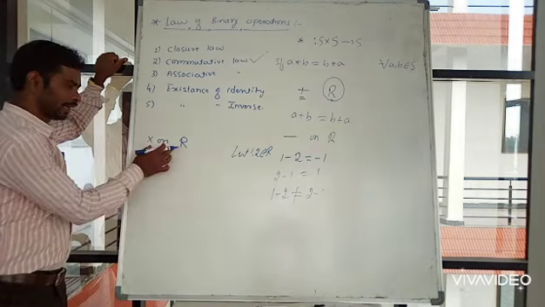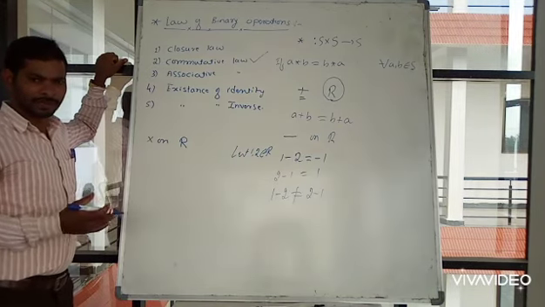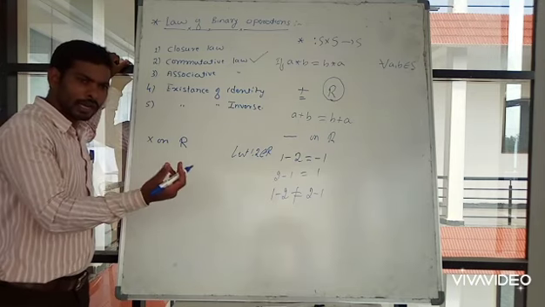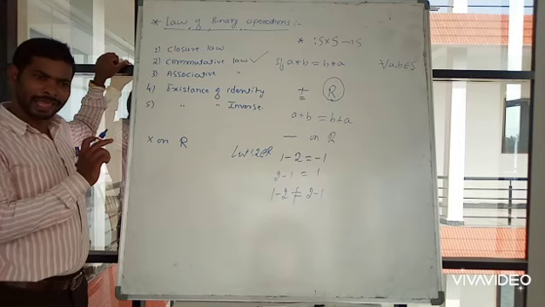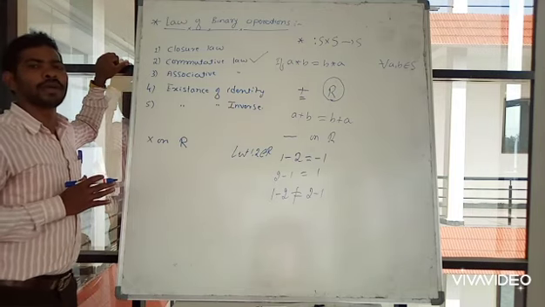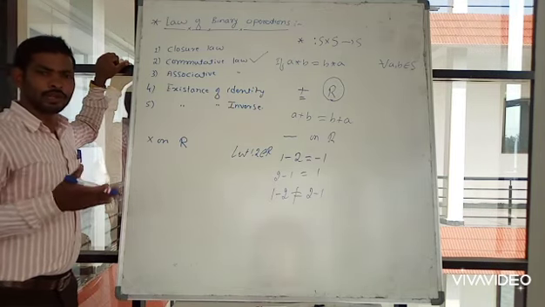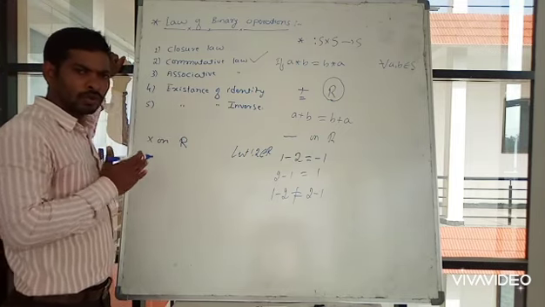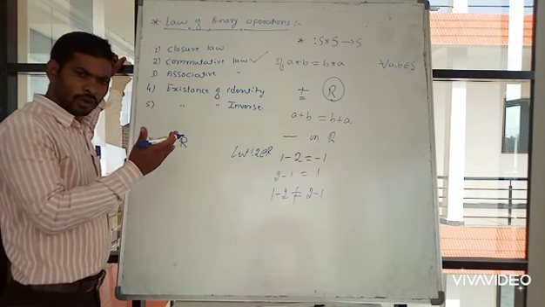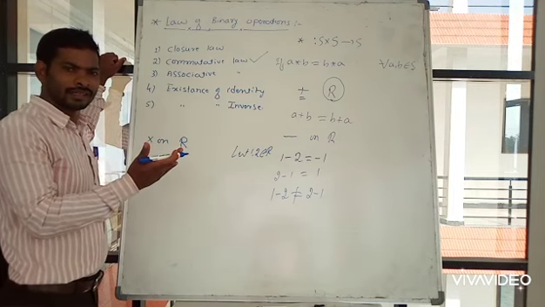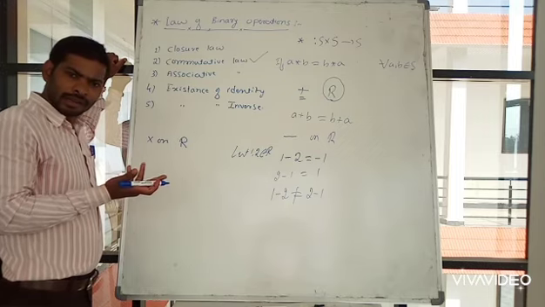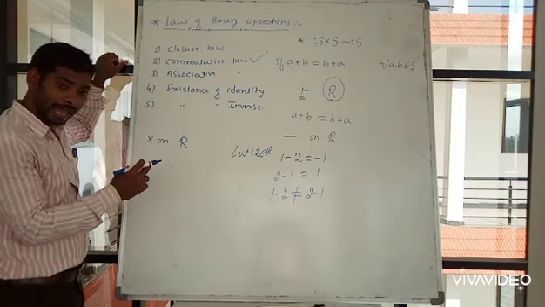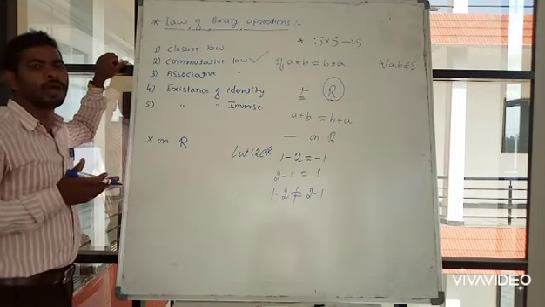From the properties of real numbers, if you multiply any real numbers from right to left and left to right, A into B is always equal to B into A, because you can verify: 1 into 2 equal to 2, 2 into 1 is equal to 2, 3 into 2 is equal to 6, and 2 into 3 is also 6. Generally, from the properties of real numbers, the product A into B is always equal to B into A.